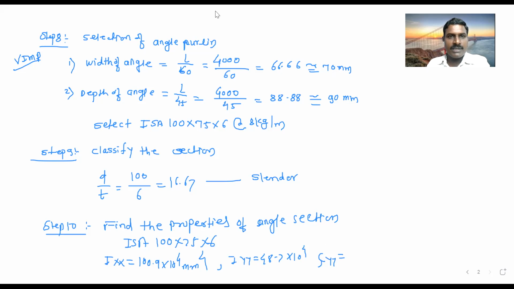Please correct this. CXX is 30.1 mm. So in formula also you have to correct. Okay, so these are the IXX, IYY, and CXX values.